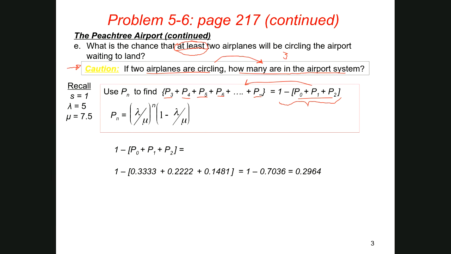And using the formula for P sub n for each one of these cases, that answer turns out to be 0.2964. Hopefully, with these input values, one server, arrival rate of 5, service rate of 7.5 aircraft per hour, you got this solution. Or if not, we'll try that and make sure you understand how to get that solution.